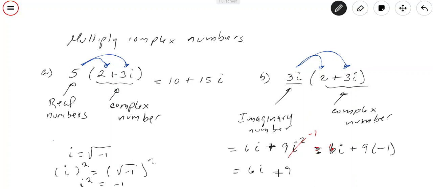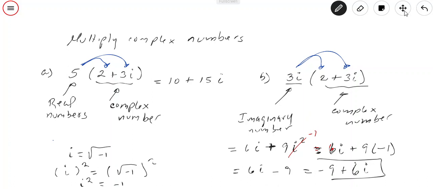But this is not in standard form, because in standard form, I always write the real part first and the imaginary part after the real part. So I have to reorganize my number, and I say this is -9 plus 6i. And this is my solution, ready. So in this case, my solution is the complex number -9 plus 6i.